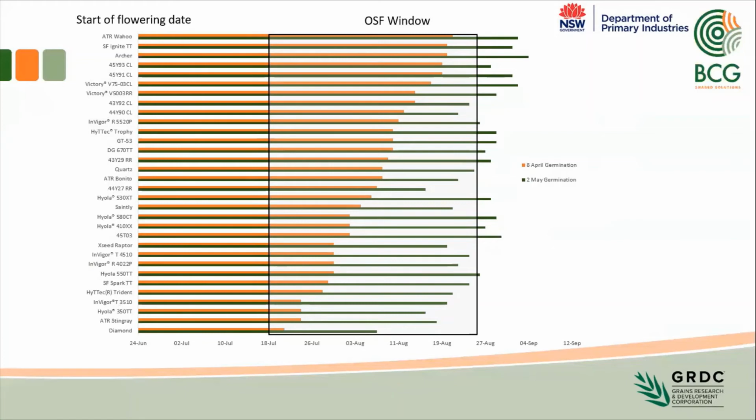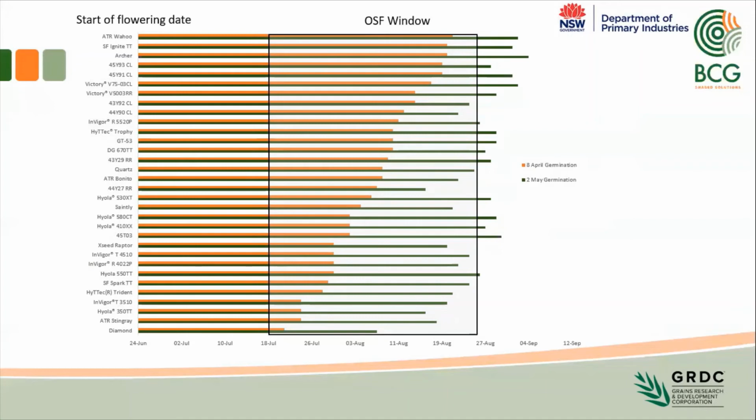But when you look at something like Stingray and Diamond, our faster developing varieties, the late germination still fell within that window. So we found that selecting a mid to fast hybrid variety with flexible phenology in the Wimmera helps to manage risk and captures the great upside when seasonal conditions are favourable.